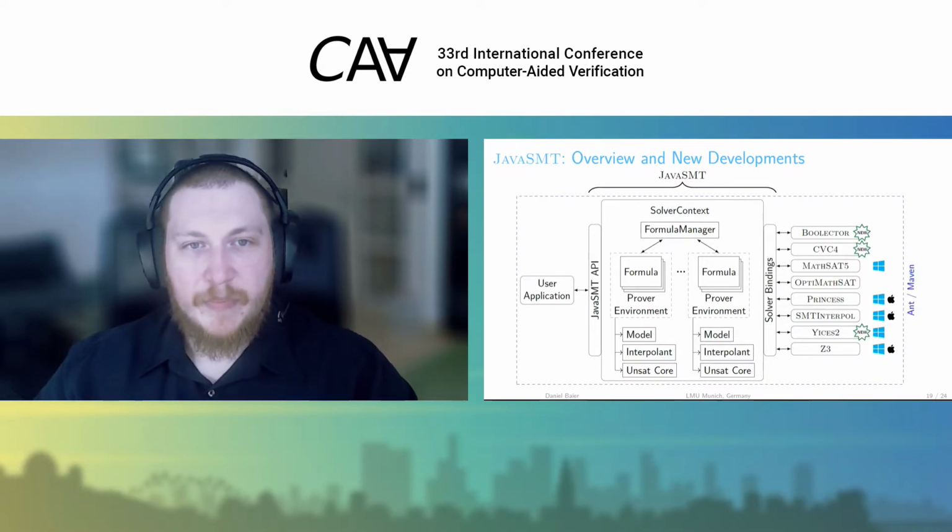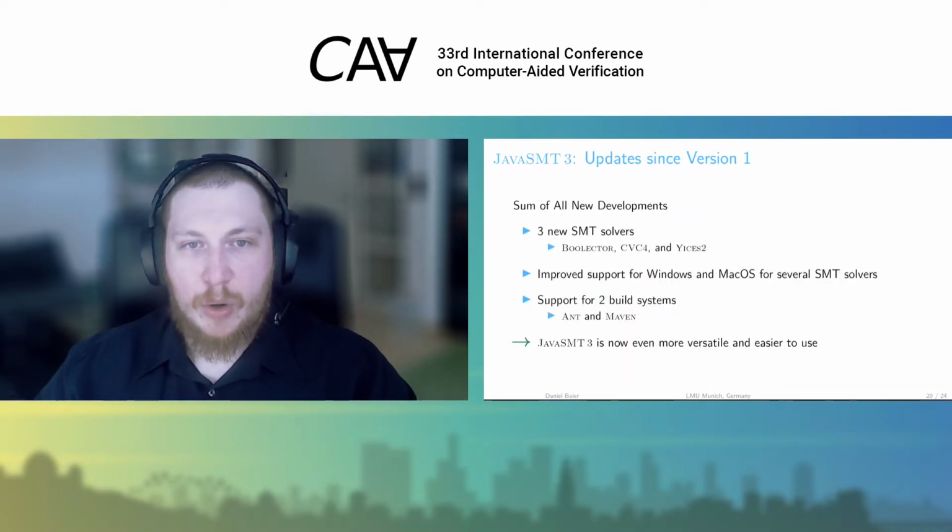And lastly, 2 build systems, Ant and Maven, are now available in JavaSMT3, simplifying the download and installation of SMT solvers in JavaSMT for all operating systems, and reducing the amount of work needed to integrate JavaSMT into a project. All this improves not only the versatility of JavaSMT, but usability as well.